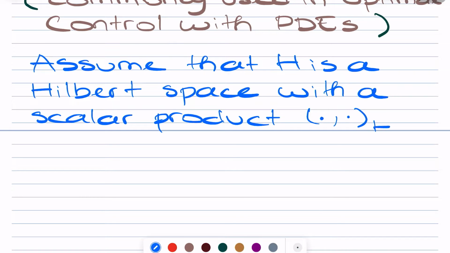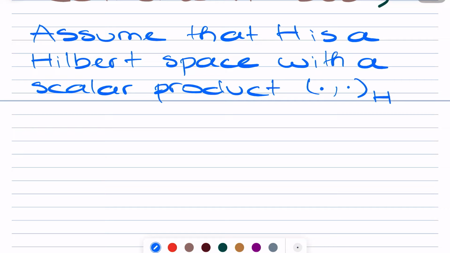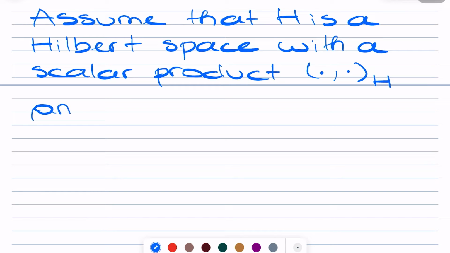Then we put H here to emphasize that this is the scalar product on H, and the corresponding norm.